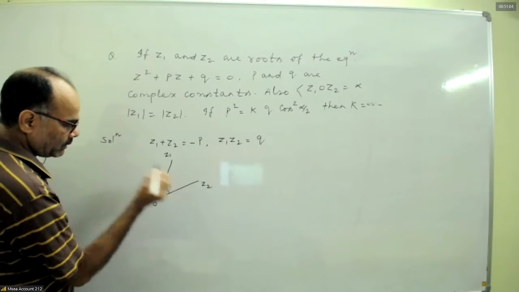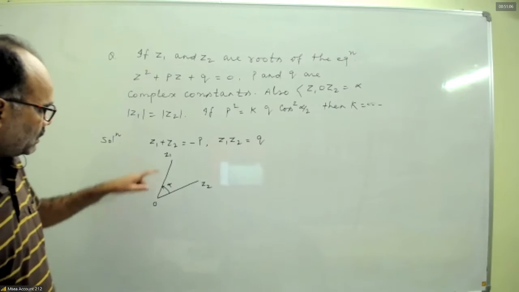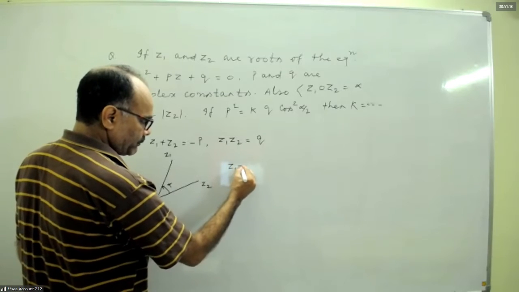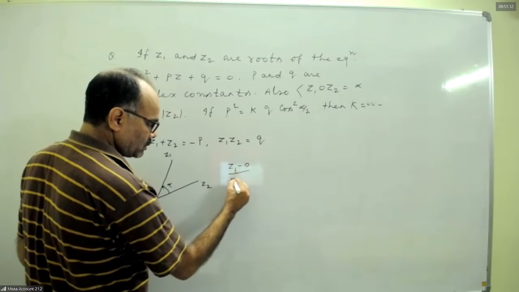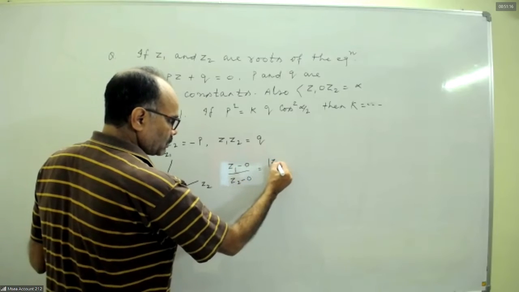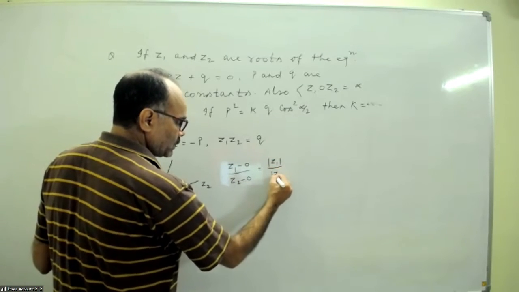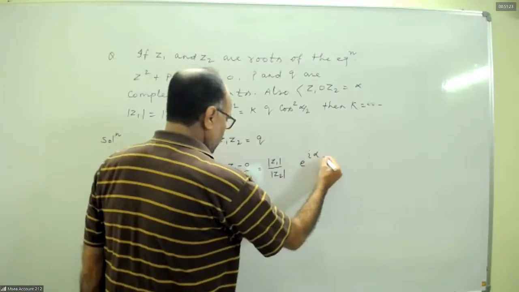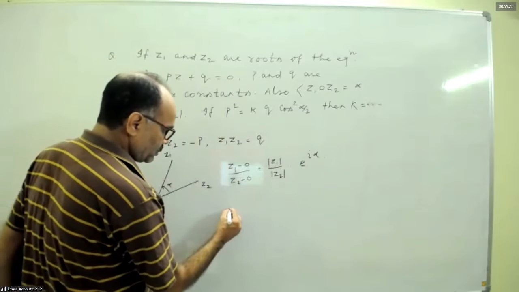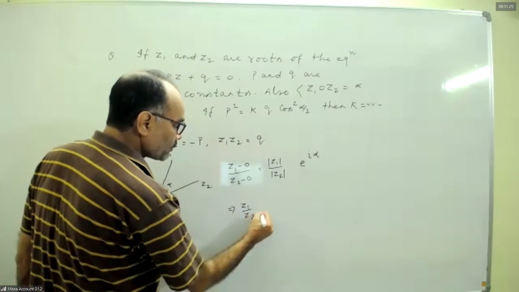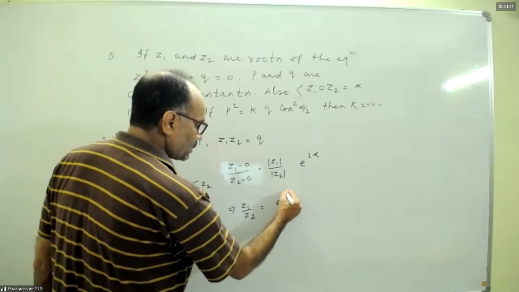The angle is alpha. So Z1 minus 0 by Z2 minus 0 equals mod of Z1 by mod of Z2, both are equal as given, times e to the power I alpha. So Z1 by Z2 equals e to the power I alpha.